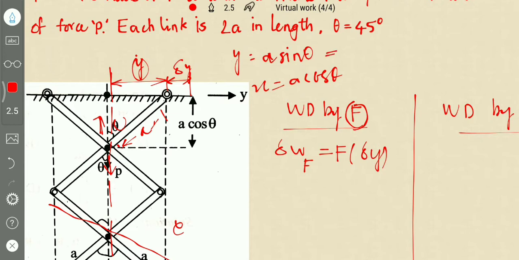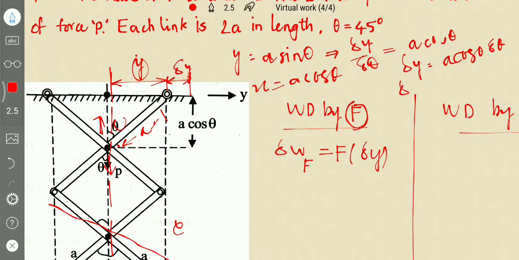If we differentiate this with respect to theta, delta y by delta theta is equal to a into cos theta. Differentiation of sine theta is cos theta. So delta y will be a cos theta delta theta.